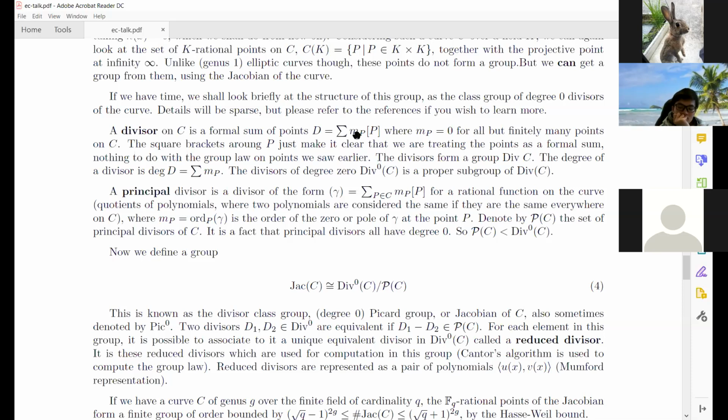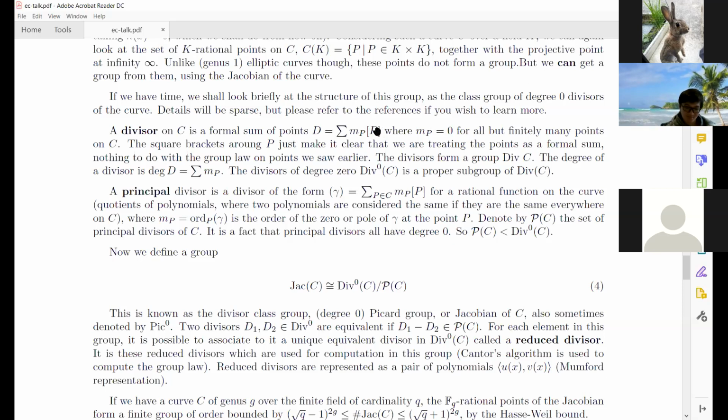It's just a symbol where we have some points and they've all got a coefficient, and there's only finitely many of the points here which have non-zero coefficient. So it's just a finite sum of these formal symbols which represent the points. All of these divisors, all of these formal sums of points like this, form a group, it turns out.